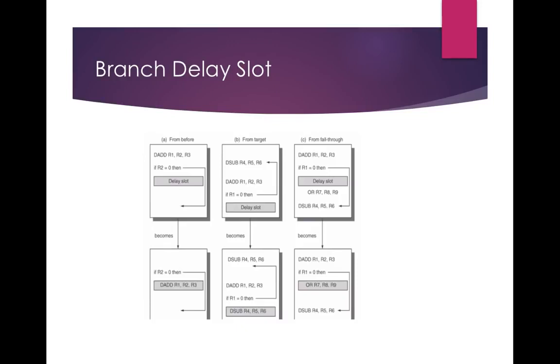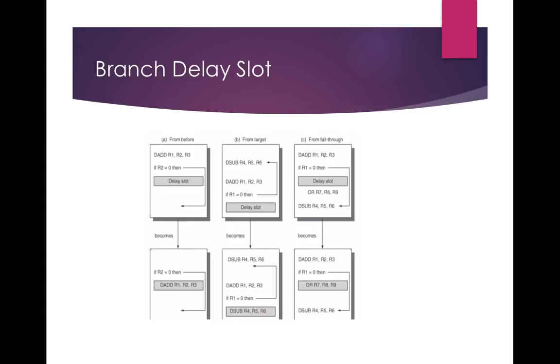We can do some useful work during the delay slot, and that is also what we have to check. In this particular slide, from the first diagram you can see the delay slot occurs after the branch instruction, whether the branch is taken or not. The previous instruction is not a data dependence, because we are not going to store the result into R2.